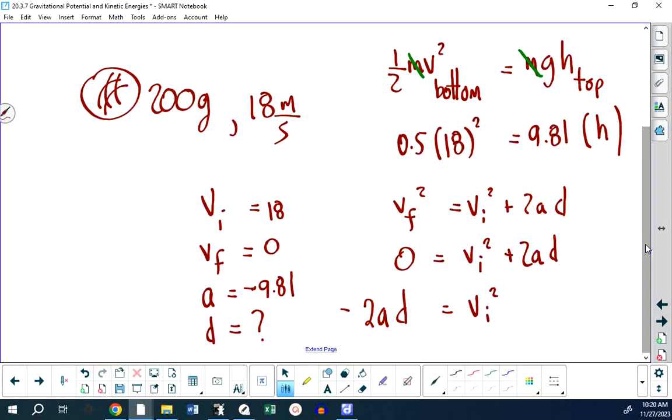So the kinematics formula is V at the bottom squared equals 2AD. And here it's V at the bottom squared equals negative 2AD, but I put the negative in there for A. I really regret doing that. It's the same formula.